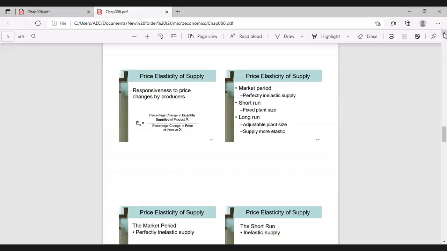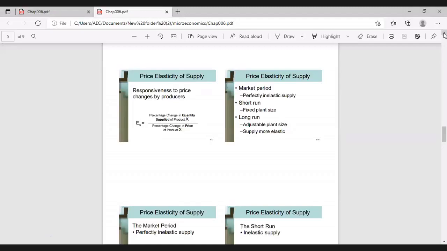So we can say the supply is perfectly inelastic. Perfectly inelastic means even if the price changes, there is no change in the quantity supplied. So the supply curve is vertical.